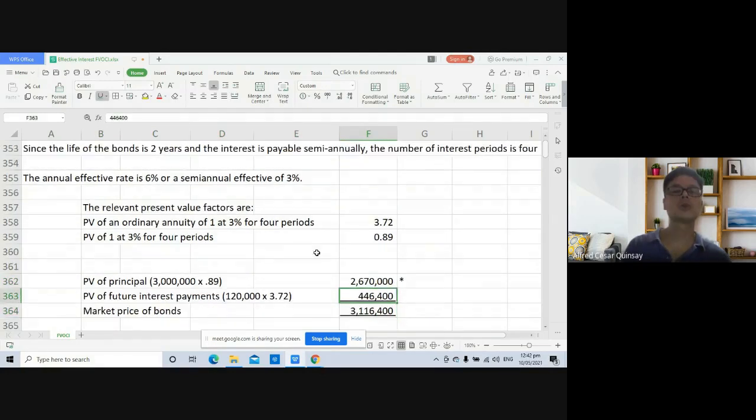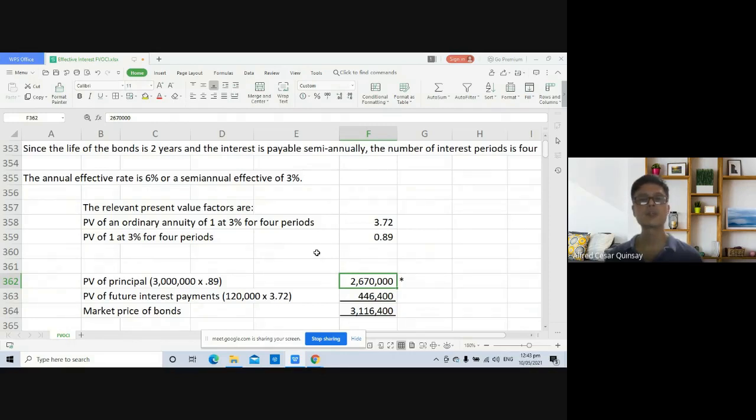So present value of the principal is 2,670,000. Kinumpute lang natin yan by multiplying 3 million, yung face amount, by the present value of 1 at 3% for 4 periods na 0.89.